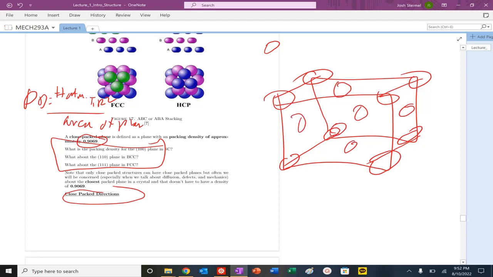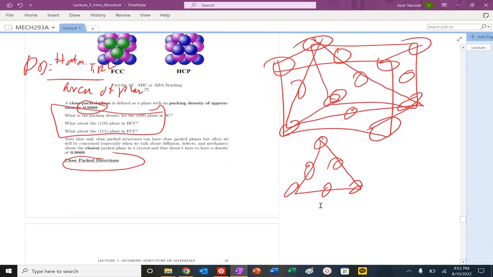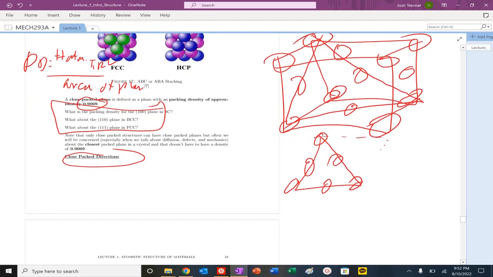All right, so I'm going to do 111, and I'm going to project it out here. If I look at this plane, here, here, here, here, here, and then here, we have a little bit different type of symmetry. We're looking at kind of a 6-fold symmetry, a hexagonal structure. I'm going to butcher this, so something like this.